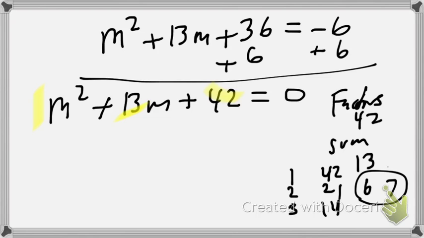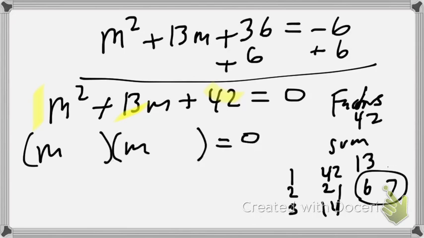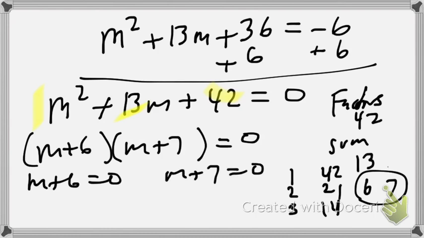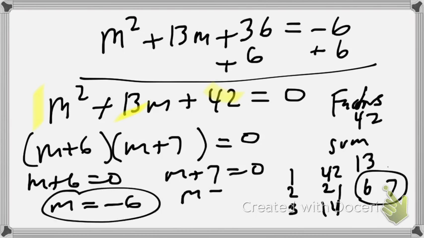That's going to be the one. So 6 plus 7 is 13. 6 times 7 is 42. Draw your two sets of parentheses. So plus 6 plus 7. Set them equal to 0. So m equals -6. M equals -7.